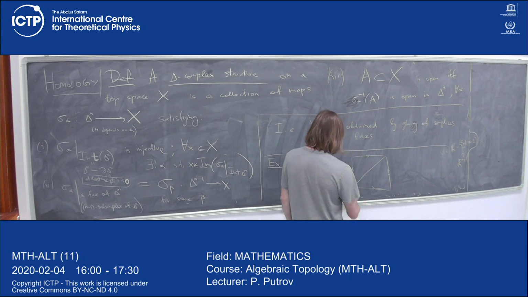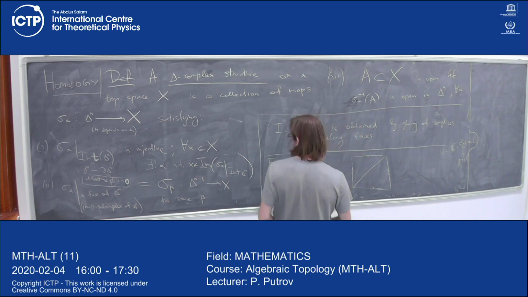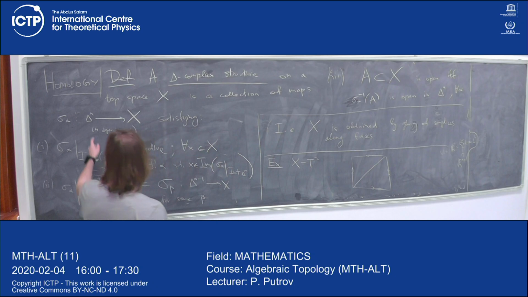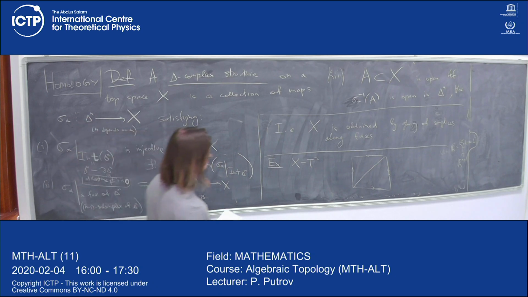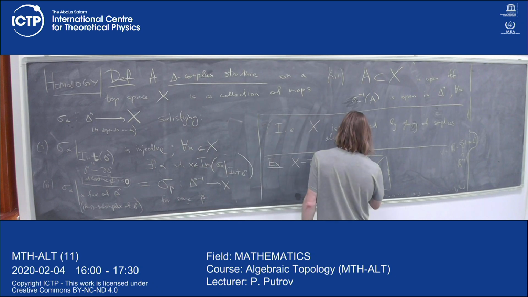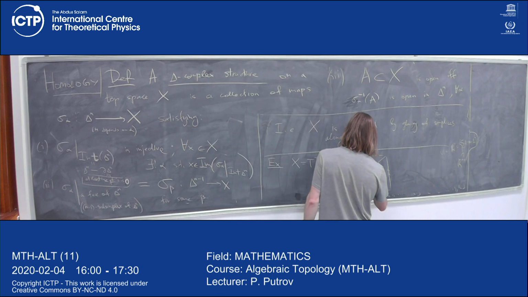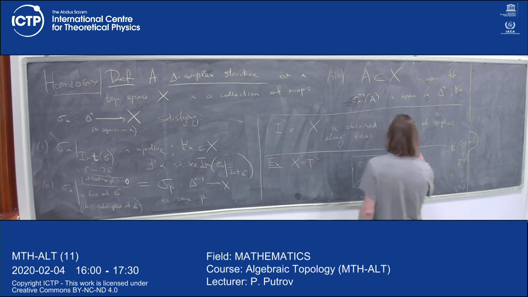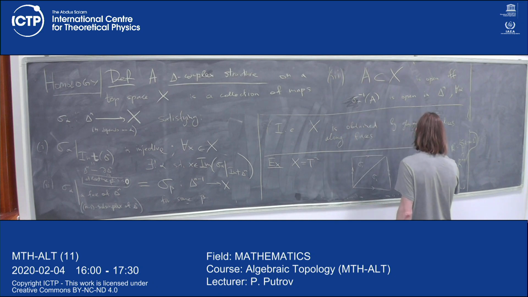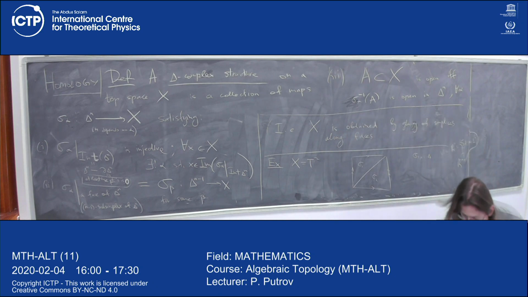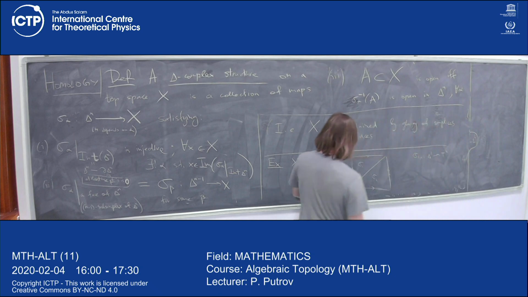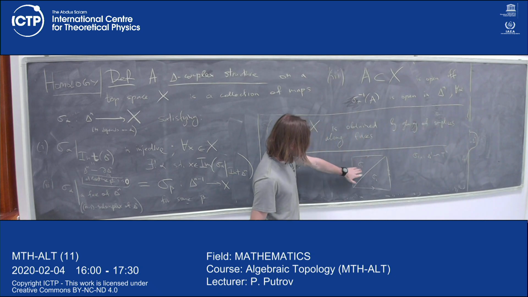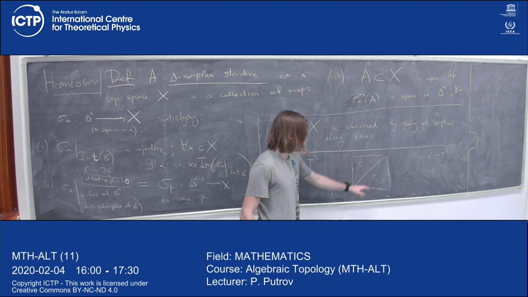So first I have to choose the maps of two-simplices, let's say sigma 1 and sigma 2, maps from delta 2 to T2. Here I use the same letter to denote the images of those maps.